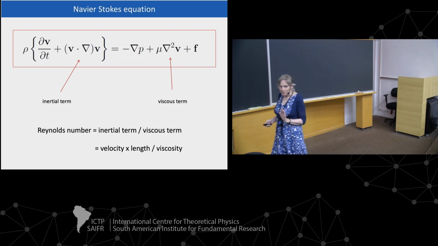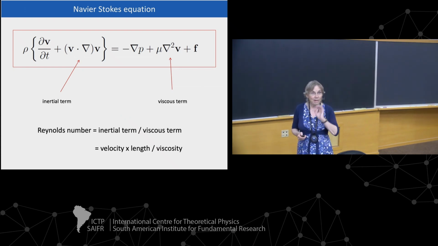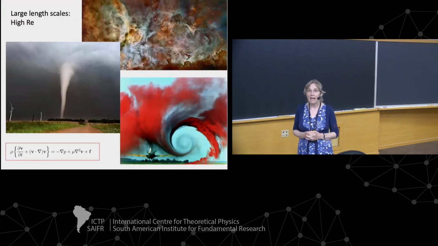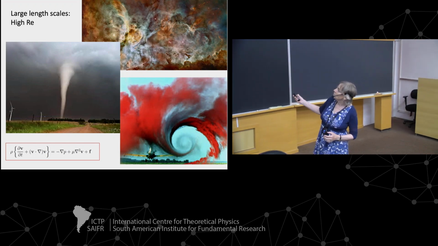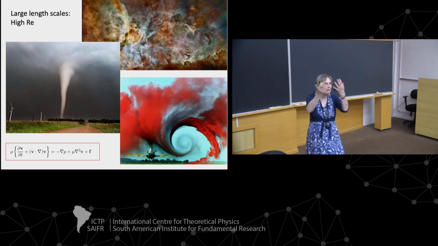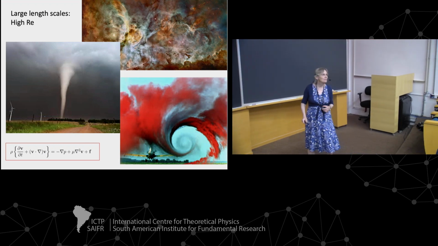Now, I like doing this because it means I can show you pretty pictures. High Reynolds number, large length scales, large velocities. Turbulence, real turbulence, inertial turbulence. Next time you go on a plane, remember that we have these vortices behind the plane which help lift it up. So these are high Reynolds number flows.